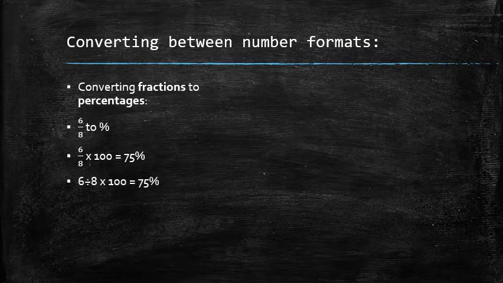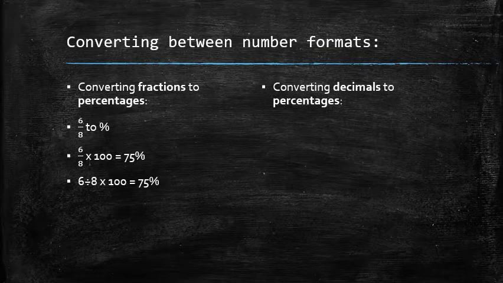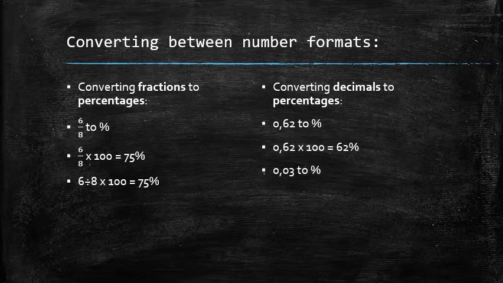Or if you have a scientific calculator, you can type in the fraction times 100, and that also gives you the same answer. When we convert decimals to percentages, let's say 0,62 into a percentage, you take 0,62 times 100, giving you 62%. Or if we have 0,03 as a decimal, you take that times 100, and that gives us 3%.